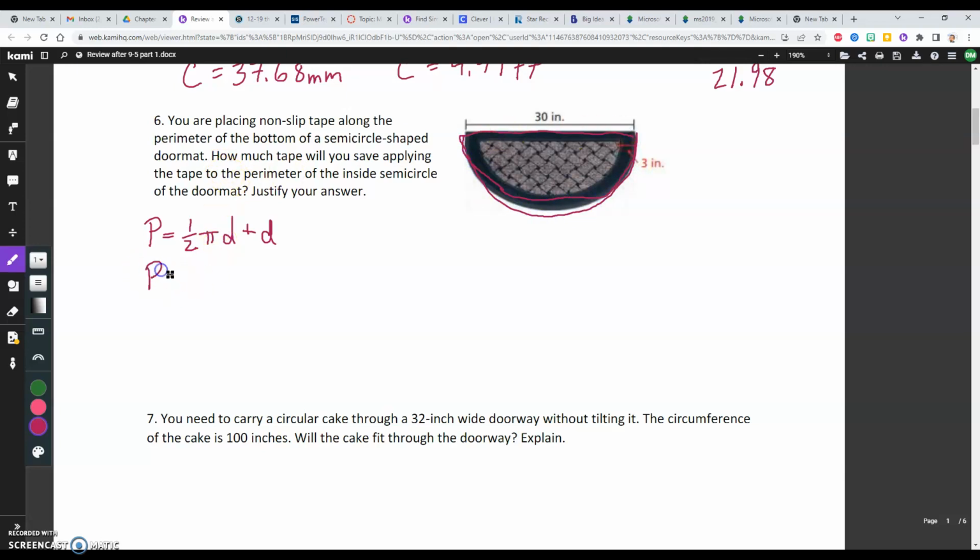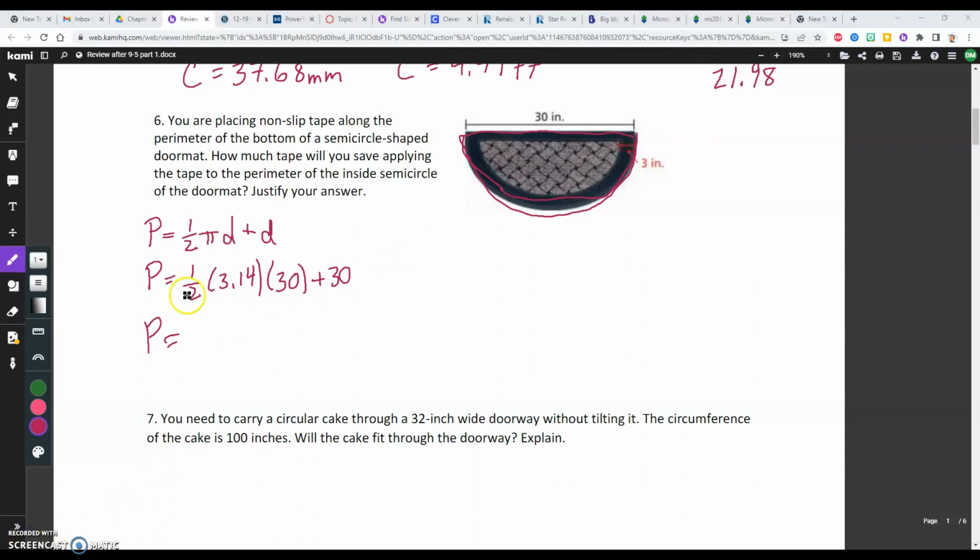So we're looking at 1/2 times 3.14 times 30 plus 30, and that's going to give us 0.5 times 3.14 times 30.